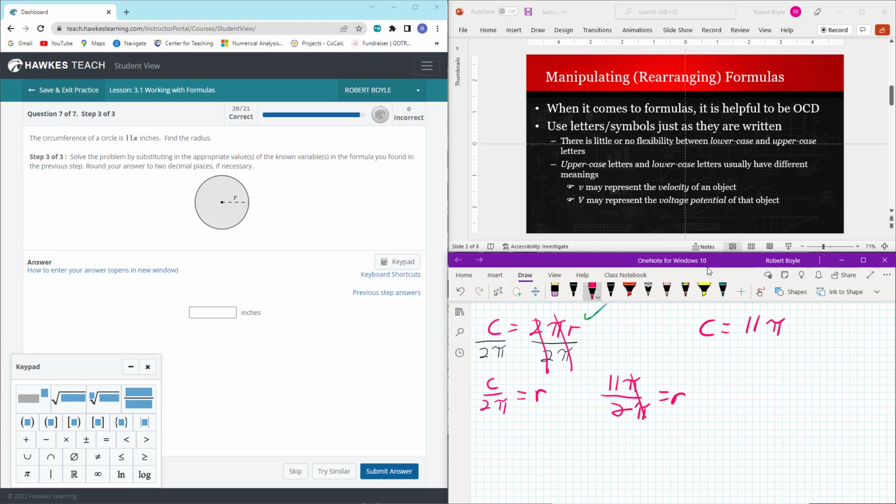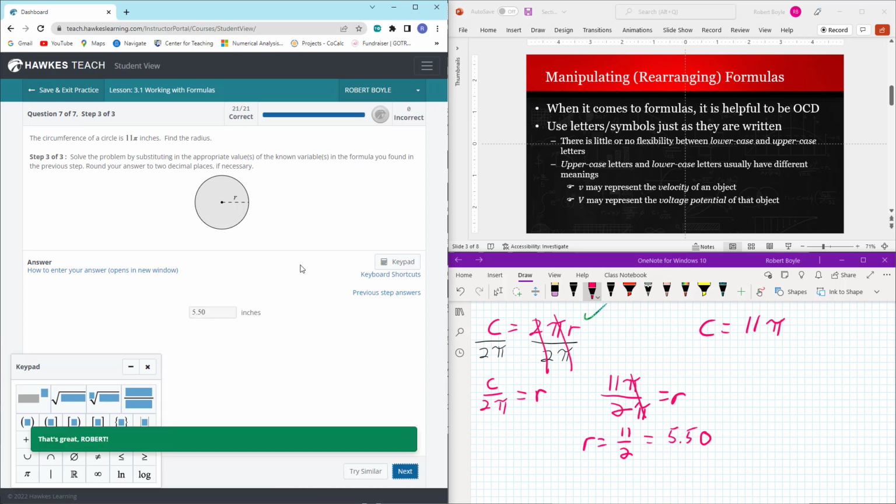The pi's cancel, and we will have r is equal to 11 divided by 2. And 11 divided by 2 is 5.5. Since they want two decimal places, you can write it as 5.50. I think it would take either one. So we can come over here and we can type in 5.50. And believe it or not, it was correct.